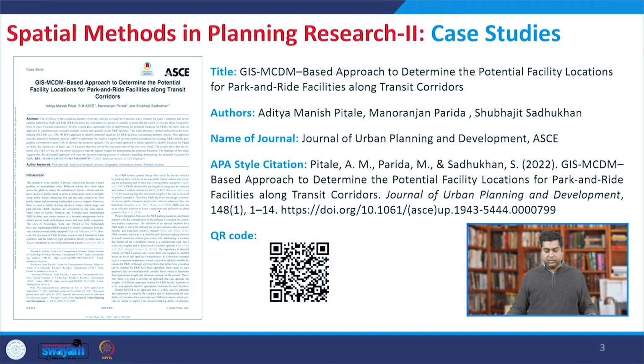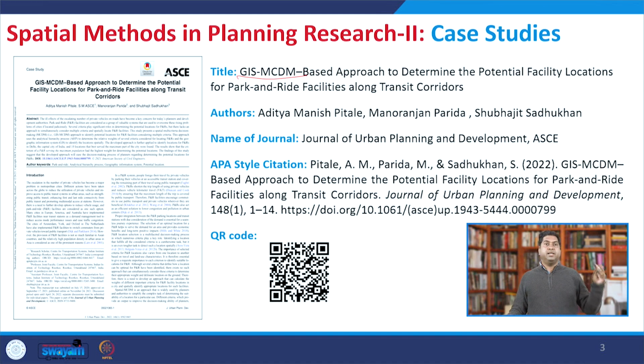So, here is the paper. The title of the paper is GIS-MCDM based approach to determine the potential facility locations for park and ride facilities along transit corridors. Here again we have applied a mixed method, which I have explained in our mixed method lecture: depending on the research questions and need, we may require both qualitative and quantitative approaches.